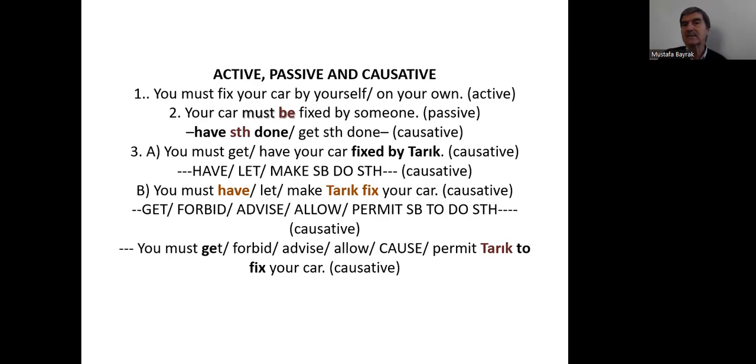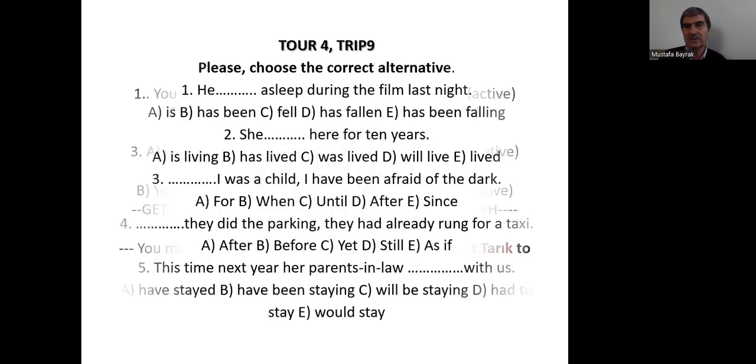But here, you must let Tarık fix. Let Tarık fix, permit Tarık to fix, or allow. You must allow Tarık to fix the car. Of course, I know it is very complicated and advanced now, but just for an introduction, a general idea, while we are approaching the passive voice and the causative structure.